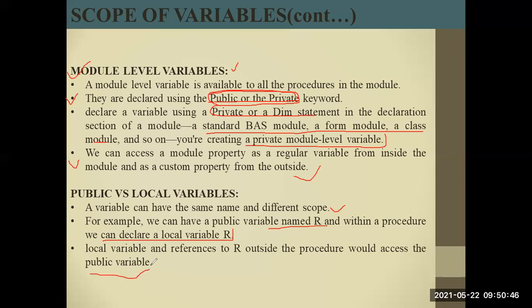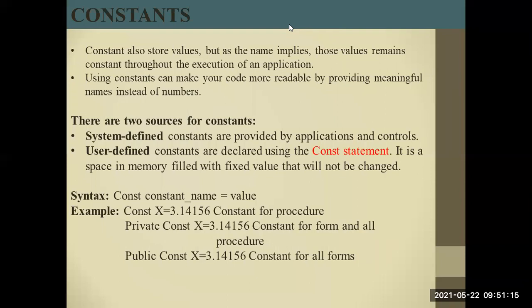So if a variable is declared as public, it can be accessed within the module, and its reference can be accessed outside the procedure also. So this is what we have discussed about variables.